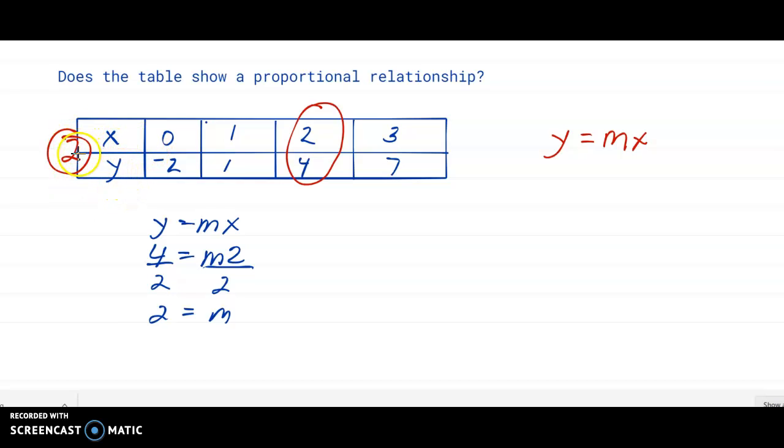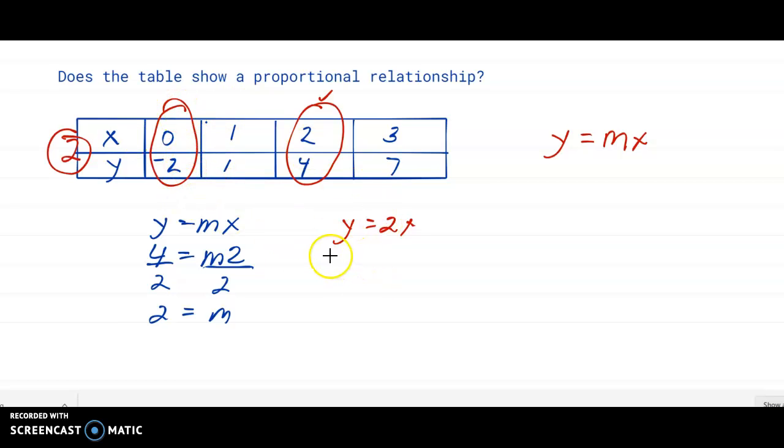So if this table shows a proportional relationship, that means 2 is our constant of proportionality, and we should be able to multiply all of these x numbers by 2 to get y. So we know it worked here, but does it work here? Let's try it. I'm going to write y equals 2x, and I'm going to put these numbers in here.